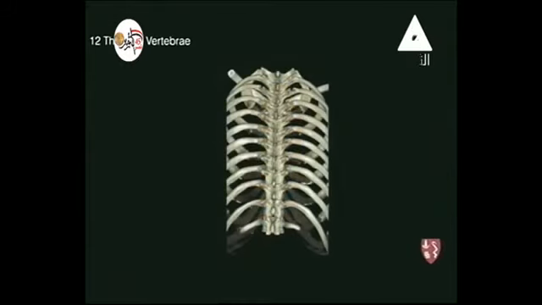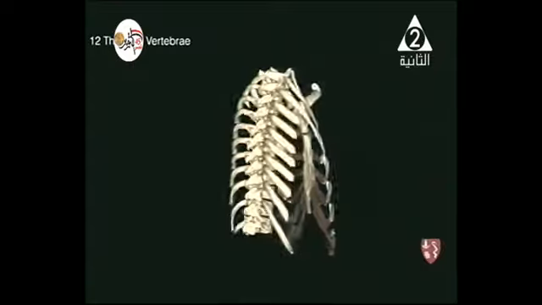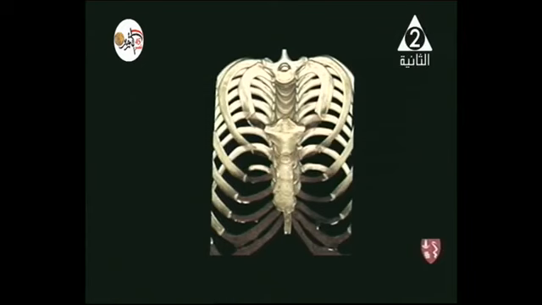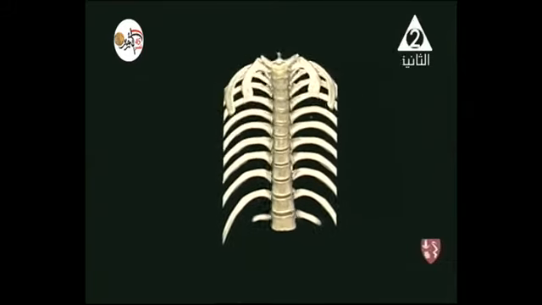After the cervical, we have 12 thoracic vertebrae. And actually, when we talk about the thoracic vertebrae, they are considered a part of the rib cage, the thoracic cage. Some people believe that the rib cage is only the sternum and ribs. No, the rib cage consists of the sternum, ribs, and also the thoracic vertebrae, as you see in the video.